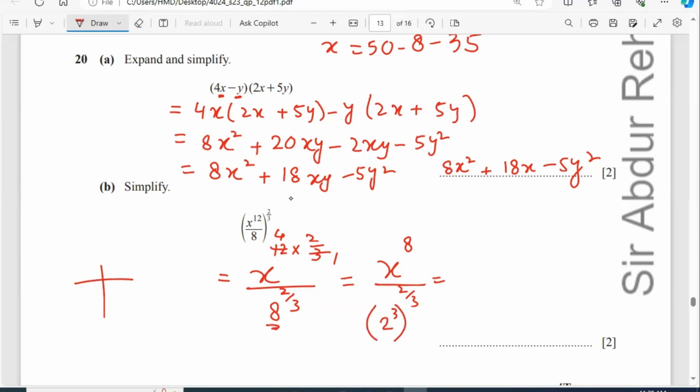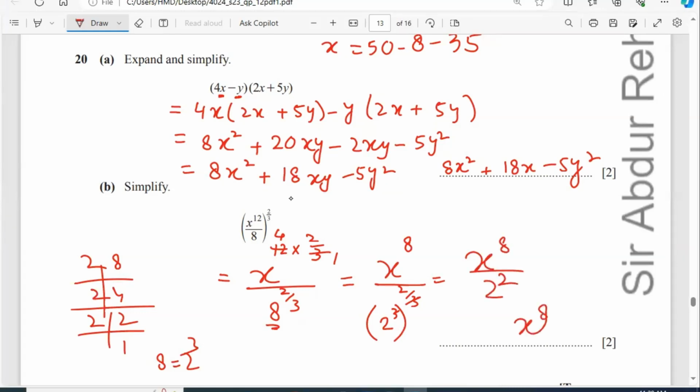So power multiplied by power, 3 on the 3 cancel out. So it will be x raised to power 8 divided by 2 square, which is x 8 over 4. Or you can write 1 over 4 x 8.